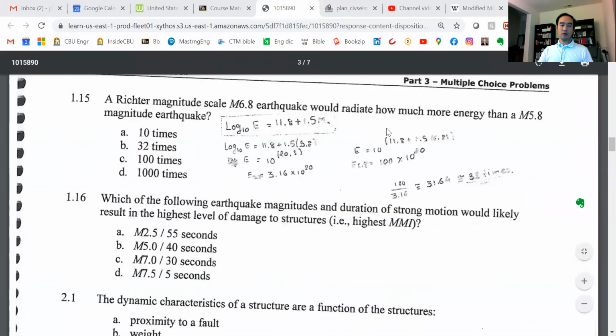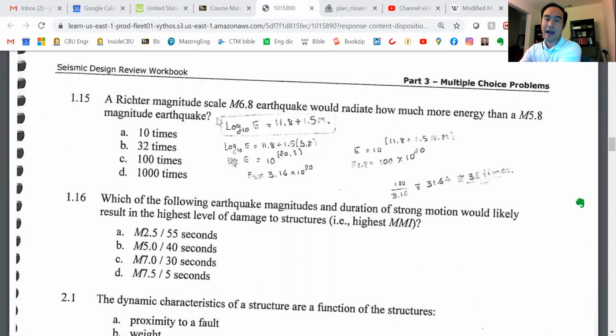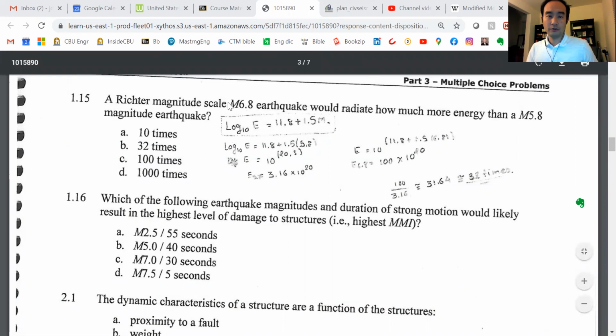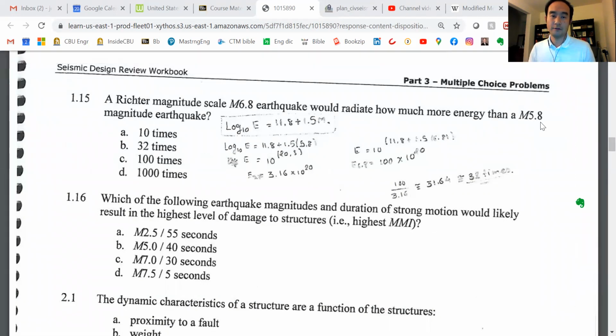To the next problem. So this is another type of the problem using the same equation that I just wrote here. So Richter magnitude scale, magnitude 6.8 earthquake would radiate how much more energy than magnitude 5.8 magnitude earthquake? So 5.8 to 6.8, we have a 1 magnitude difference.